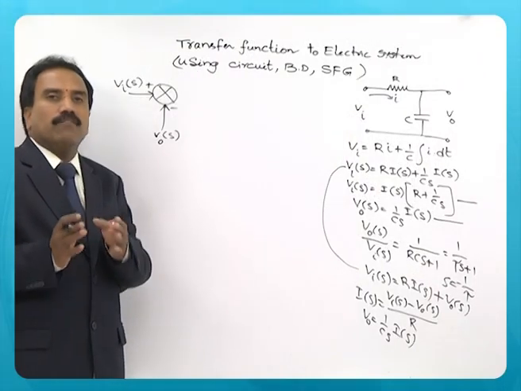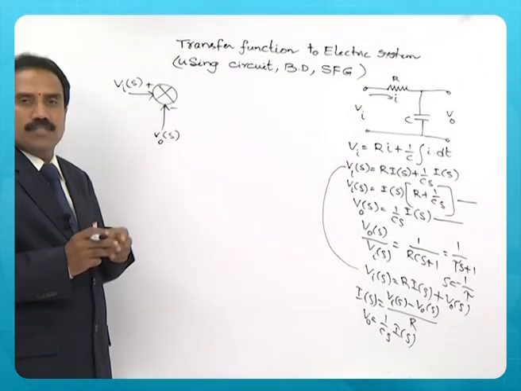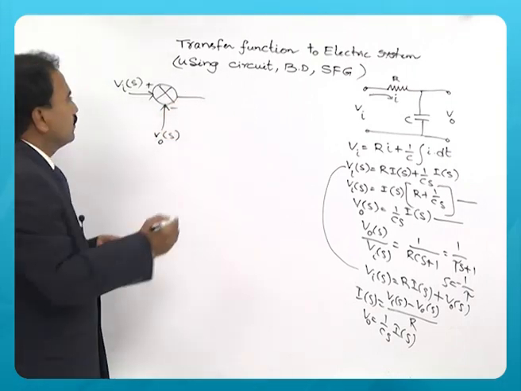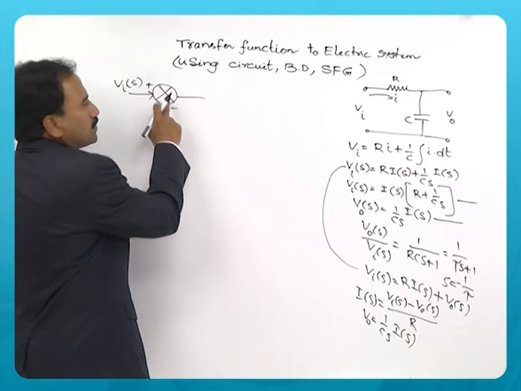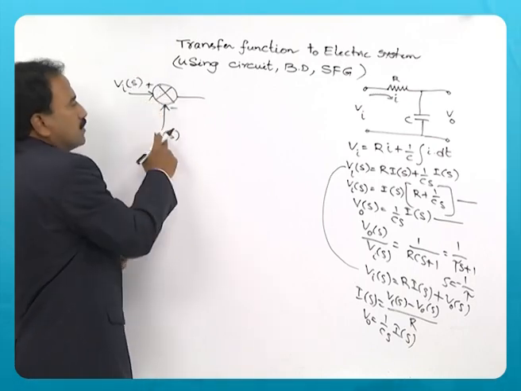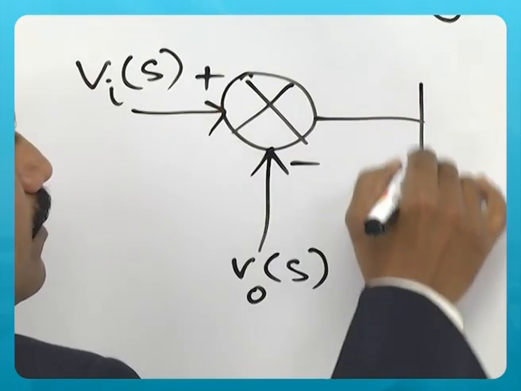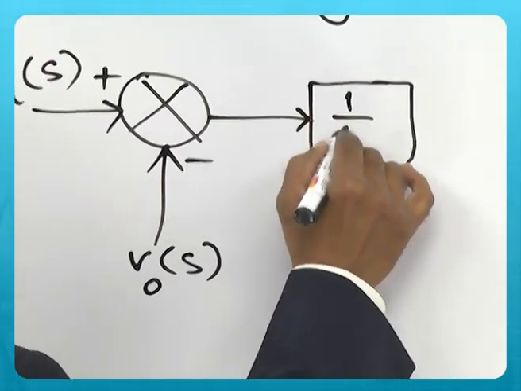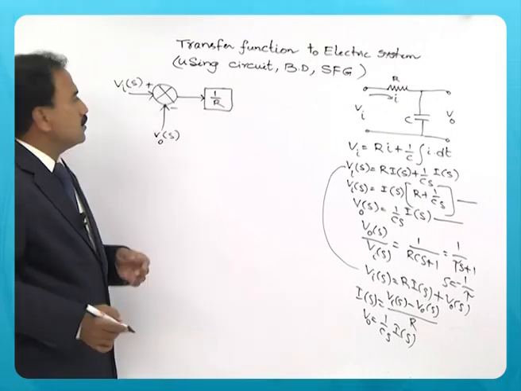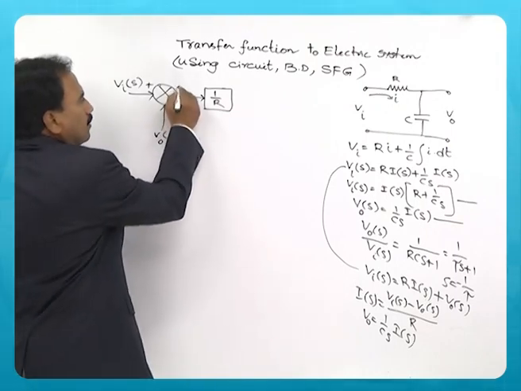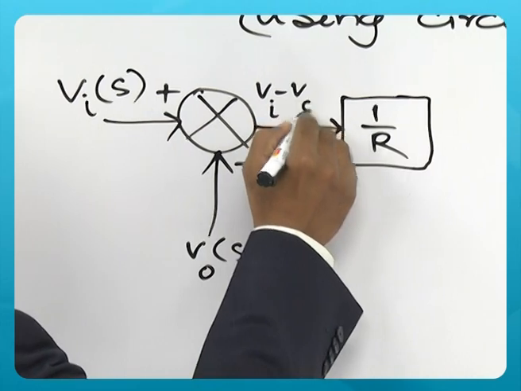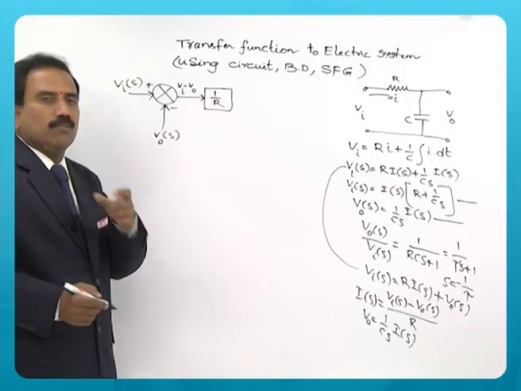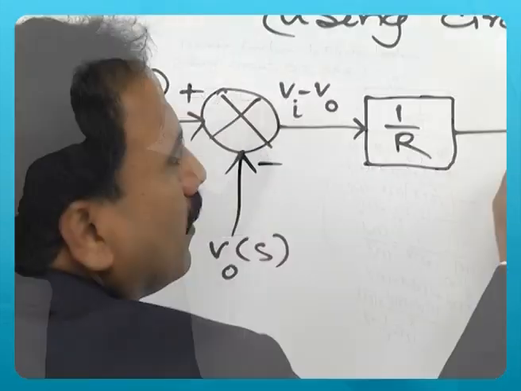So I want the difference Vi of s minus V0 of s from the summing point. Now the output of the summing point, Vi minus V0, is given to this block 1 by R, which is the gain of that block. So you will get the current here.